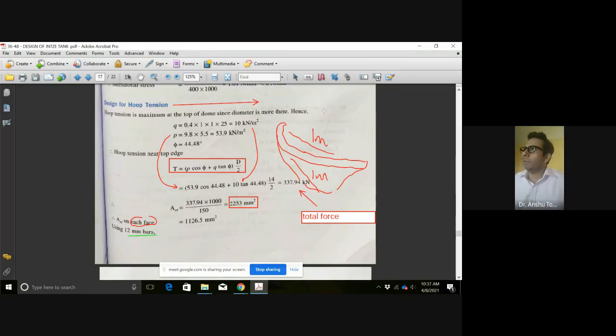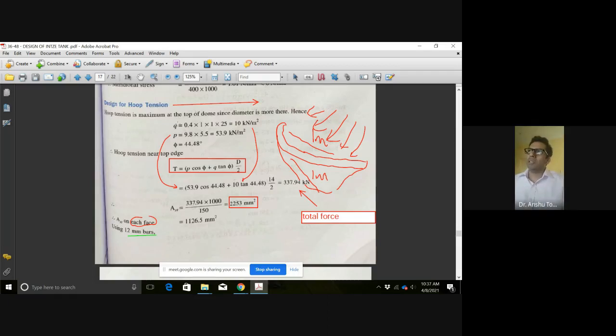The force is coming from this side. So 1 meter in vertical direction downside like this, slant height, and 1 meter the perimeter portion, the top curved part. So approximately we can take it as a vertical thing.